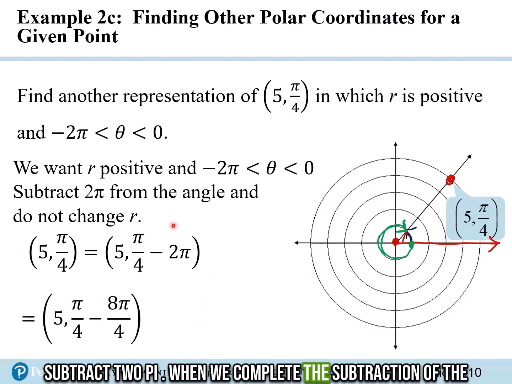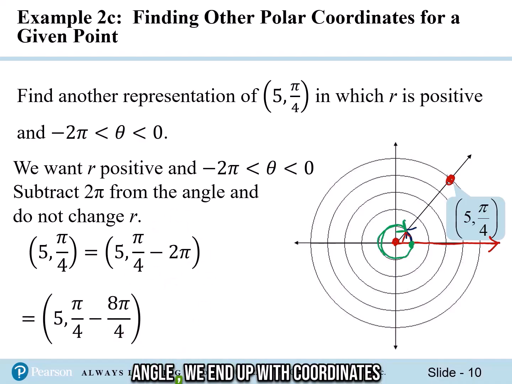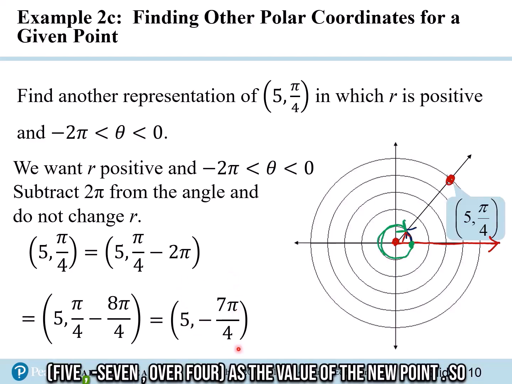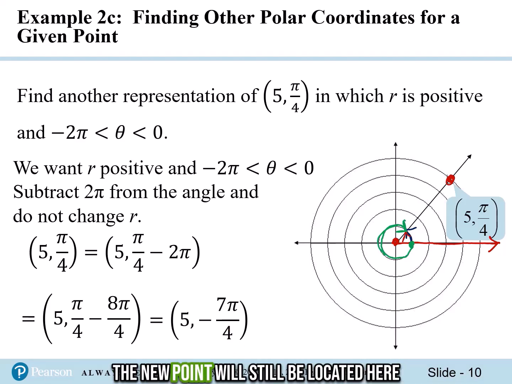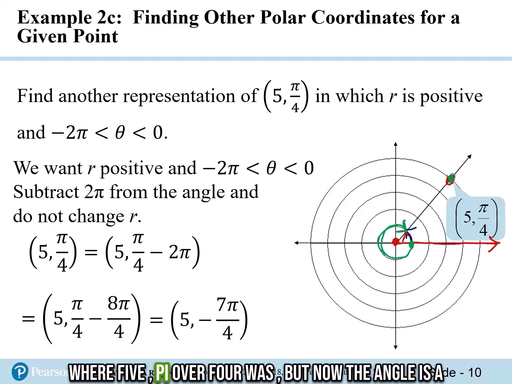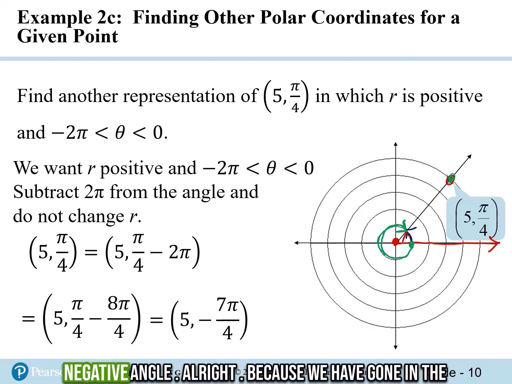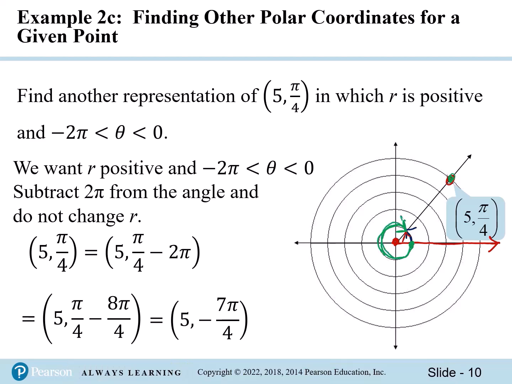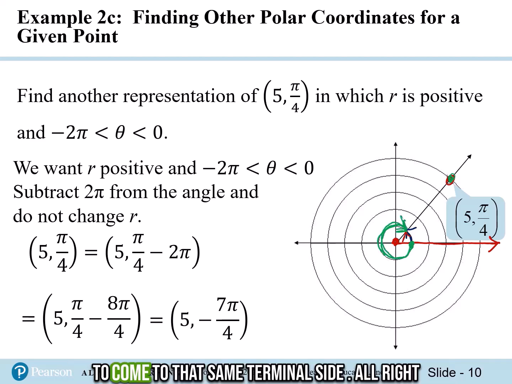When we complete the subtraction of the angle, we end up with coordinates 5 comma -7 pi over 4 as the value of the new point. So the new point will still be located here where 5 comma pi over 4 was, but now the angle is a negative angle, all right, because we have gone in the clockwise direction to come to that same terminal side.